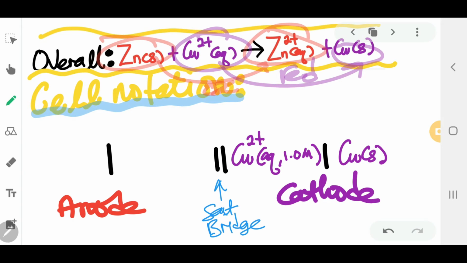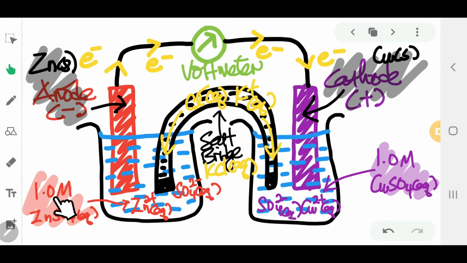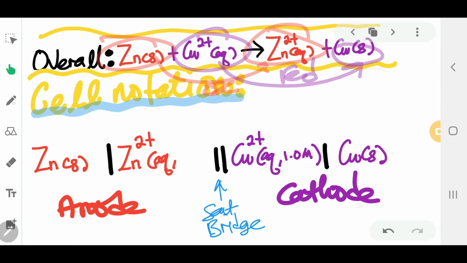So zinc solid will be on this end, and the zinc 2+ will have the aqueous phase, comma, and make sure you write the concentration of zinc 2+ aqueous, which is 1.0 molar. You're going to close that bracket. So this is how you're going to write the cell notation.